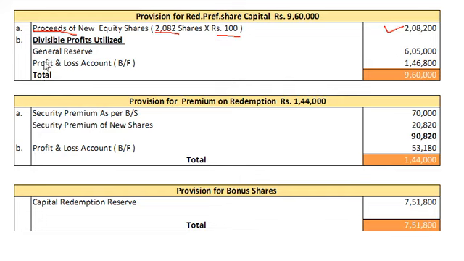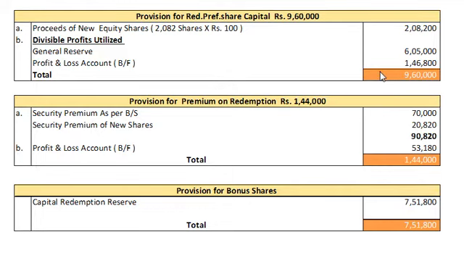And for the remaining amount we will use divisible profit, that is general reserve 6,05,000, and the balancing figure from profit and loss account, that is 1,46,800. How did you get this balancing figure? That is 9,60,000 minus 2,08,200 minus 6,05,000. So the remaining 1,46,800 is utilized out of profit and loss account, and like this the provision of rupees 9,60,000 for capital is done.